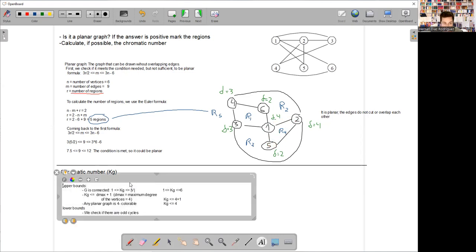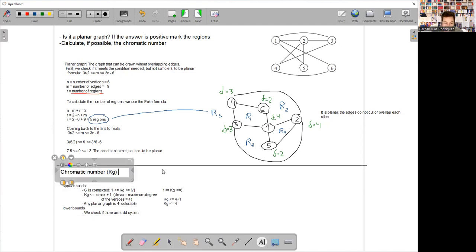Let's write the definition of chromatic number, right?